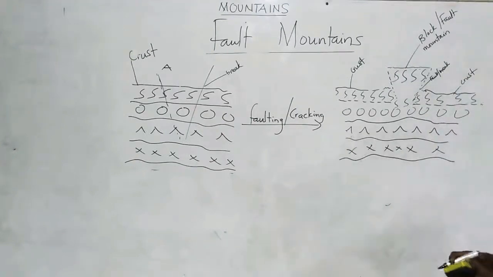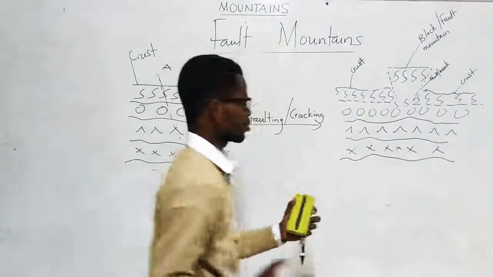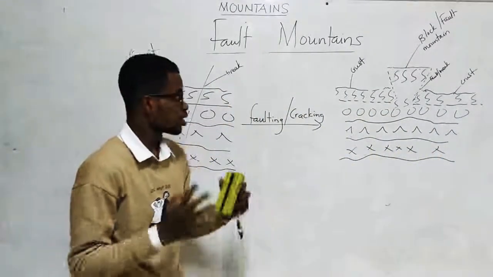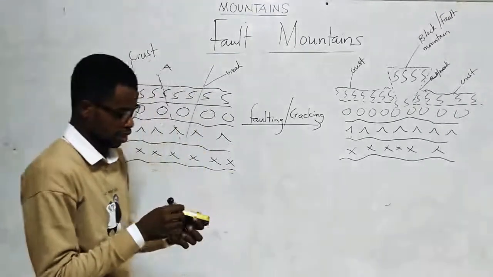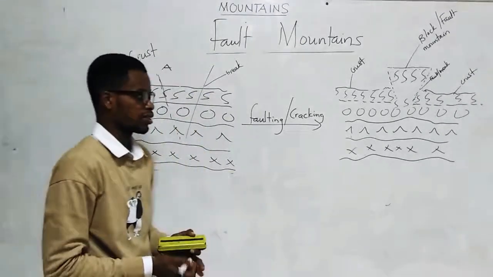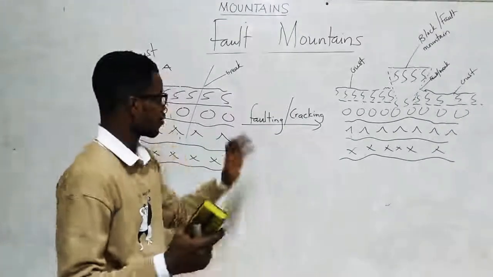So we now know this part of the fault mountain. This is a simple demonstration about fault mountains. Nothing difficult to understand. If you keep playing this video, you realize that I've already established folding.